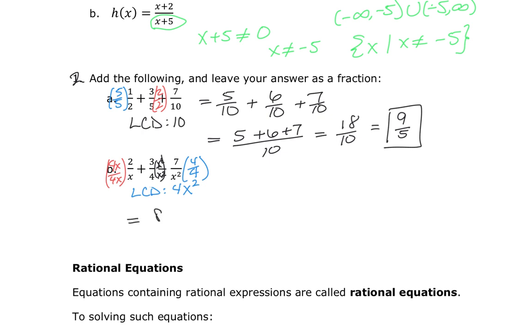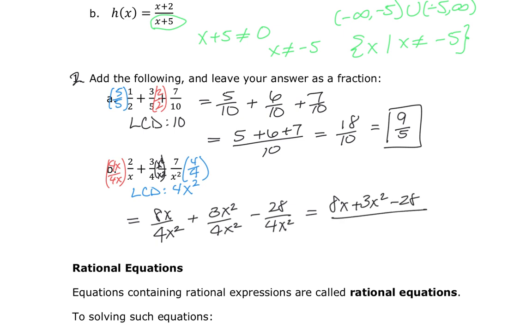So I'm going to get 8x over 4x squared plus 3x squared over 4x squared, and then minus 28 over 4x squared. Now that they all have the same common denominator, I can put them all over that same common denominator. So I get 8x plus 3x squared minus 28, all over 4x squared.